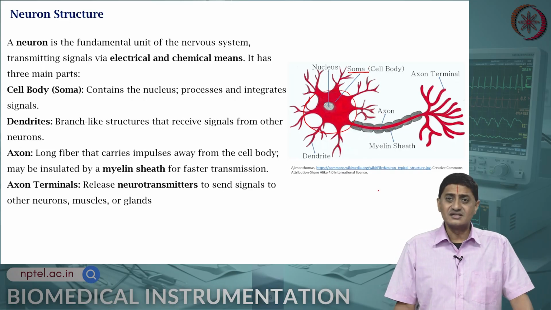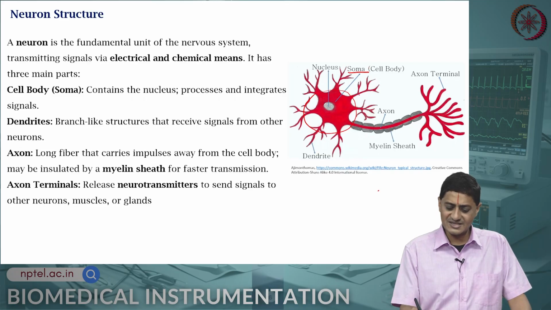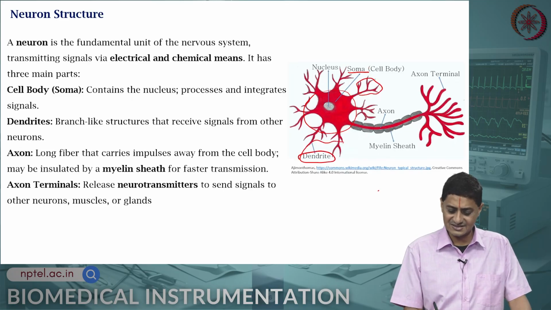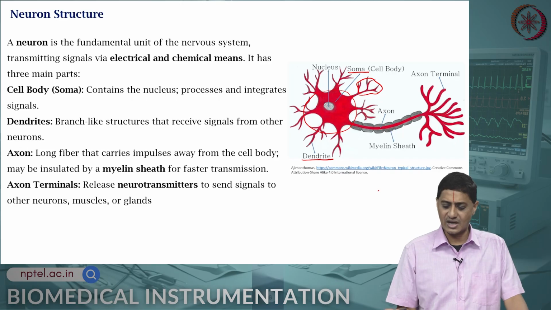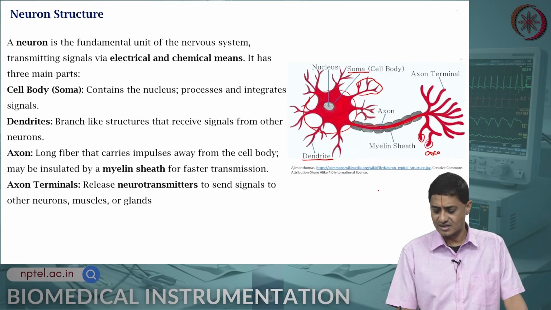It receives information into the cell body through these branches, which are called dendrites. And then it sends information to other neurons or other excitable cells through branches called axons and axon terminals.